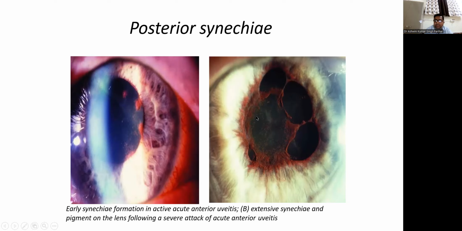One fibrinous thick membrane has also formed in the pupillary area, and you can see iris atrophy. The iris tissue has lost its normal architecture. These things are present either in recurrent uveitis or severe uveitis, usually of chronic grade, where a fibrinous membrane has formed over the lens.